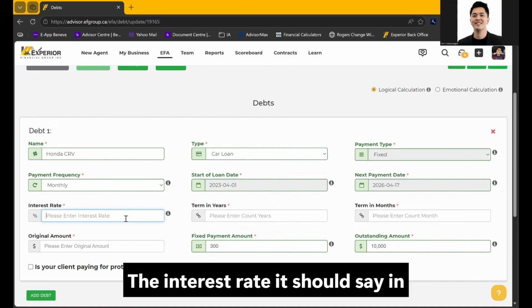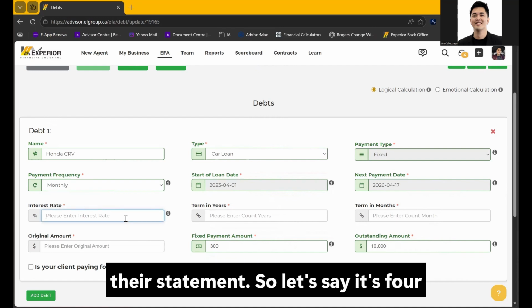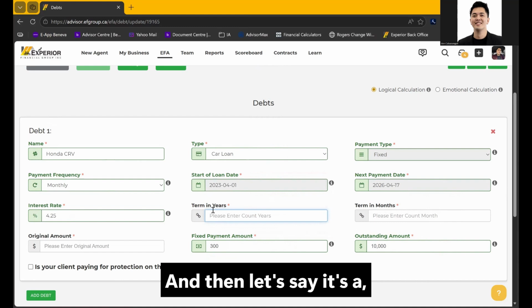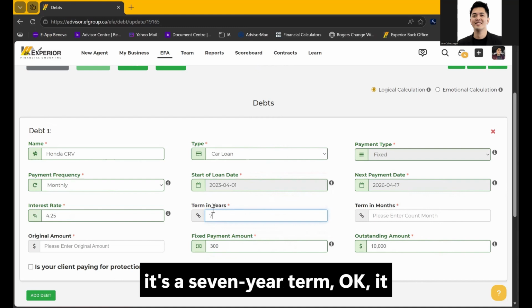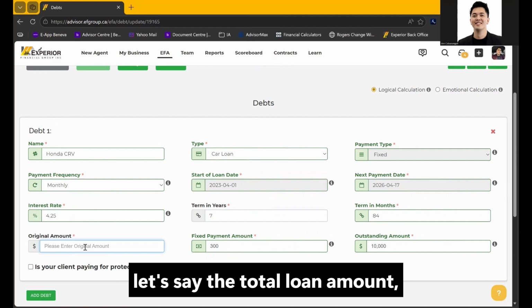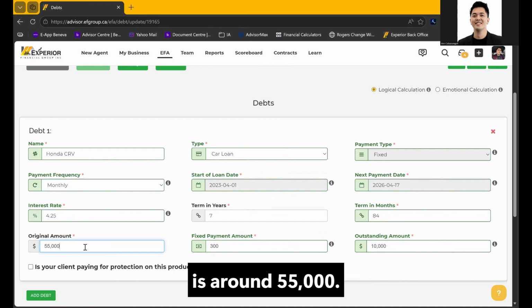The interest rate, it should say in their statement. So let's say it's 4.25. And then let's say it's a 7-year term. Okay. It automatically determines months. The original amount, let's say the total loan amount is around 55,000.